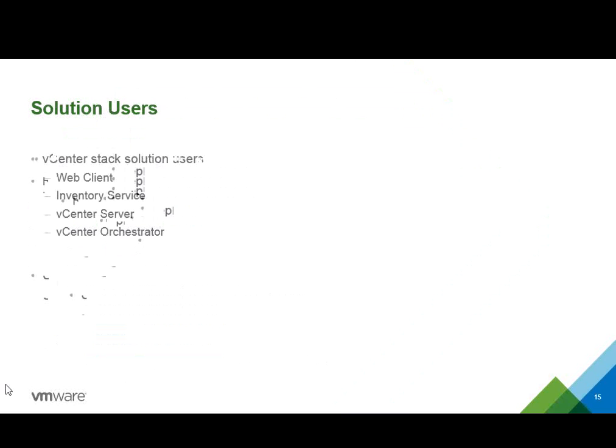For the default installation stack, you've got 4 major solution users. Default stack meaning everything that's on the vCenter ISO: the web client, the inventory service, vCenter server, and vCenter Orchestrator do have a solution user. Orchestrator only creates the solution user after you actually have configured it for SSO.